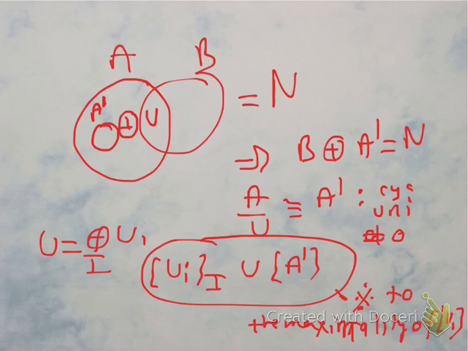Since U splits in A via A prime, then A is the direct sum of A prime and U. From here you can easily see that B direct sum A prime is N.